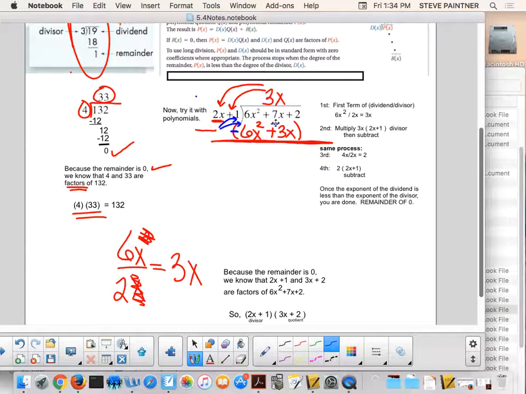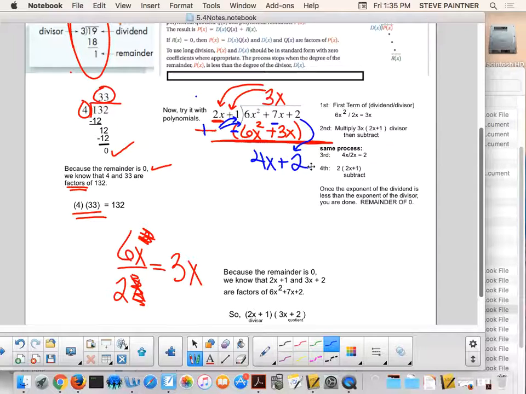Negative and negative. And once you run that negative through, just add the two terms. What's 6x squared take away 6x squared? 0. Nothing. What's 7x take away 3x? 4x. And then you have to bring down this number you never dealt with, the plus 2.